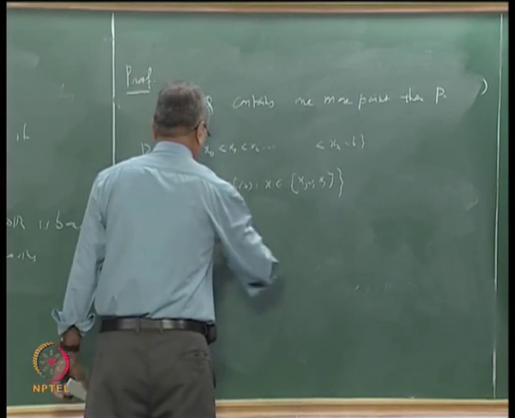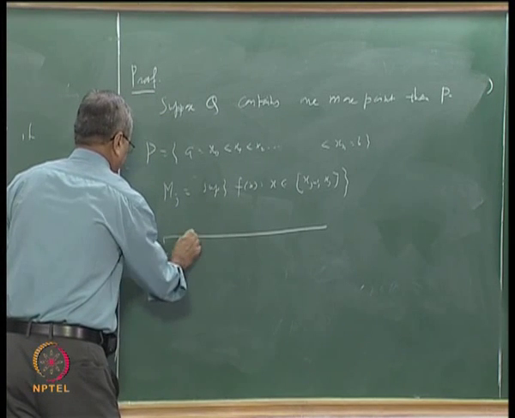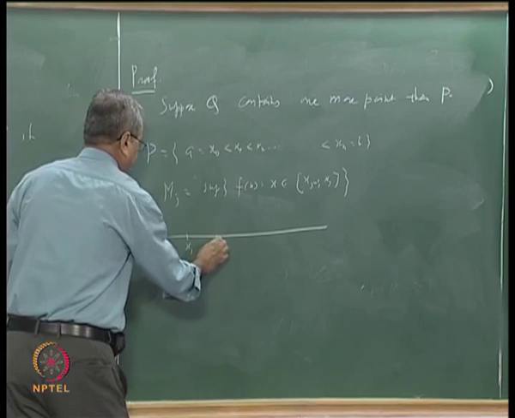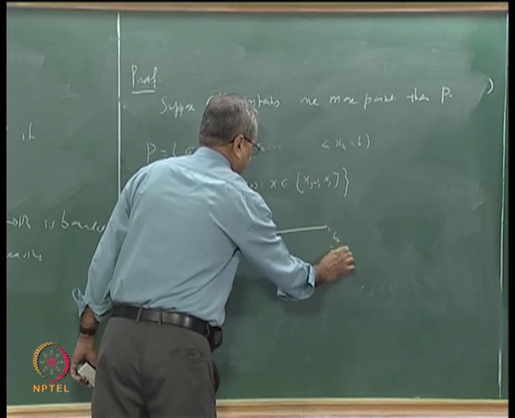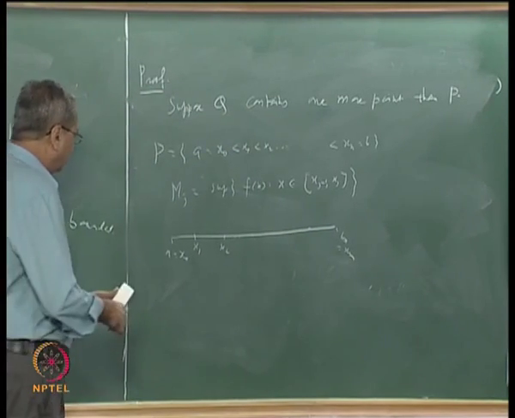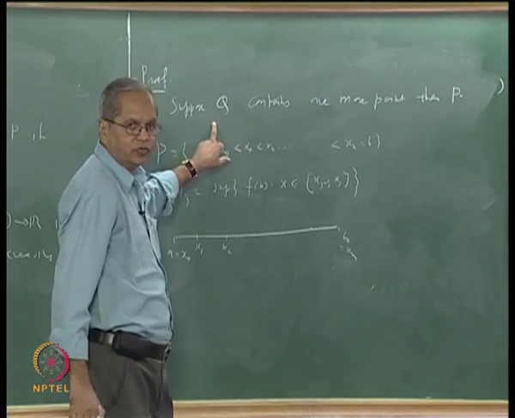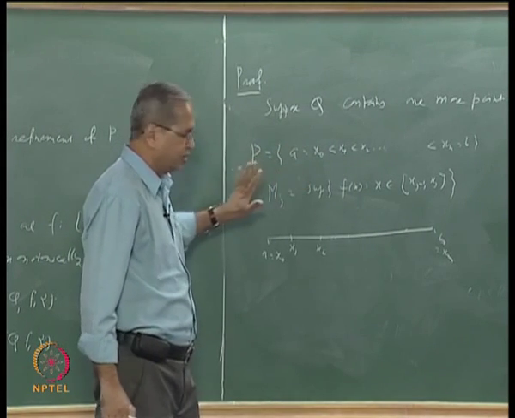Let us just draw this picture. Suppose this is a = x0, then we have x1, somewhere x2, and so on, and this last point b is xn. All these points are there in Q also, but in addition there is one more point.